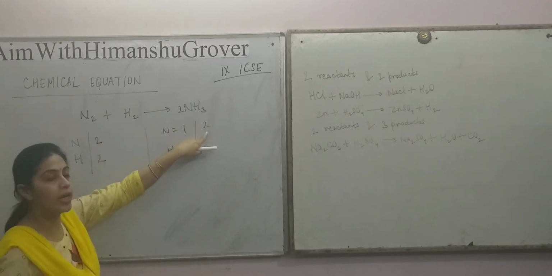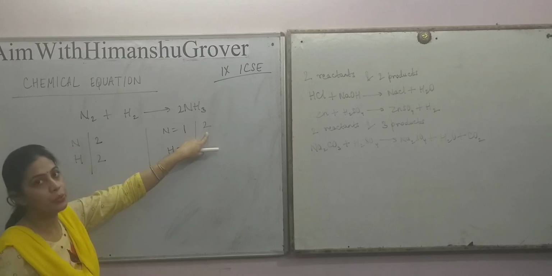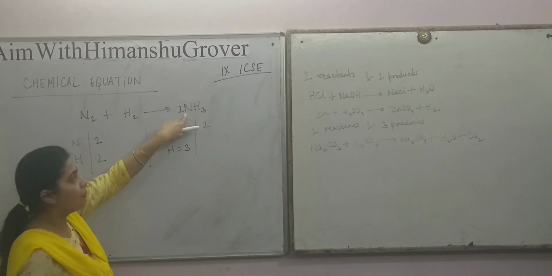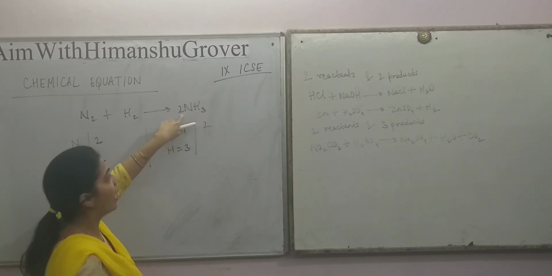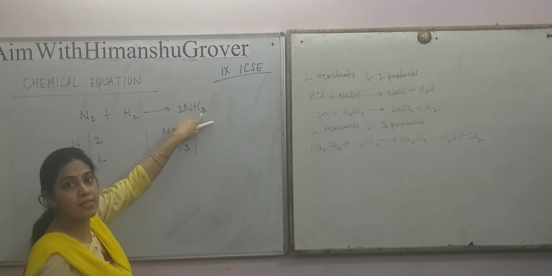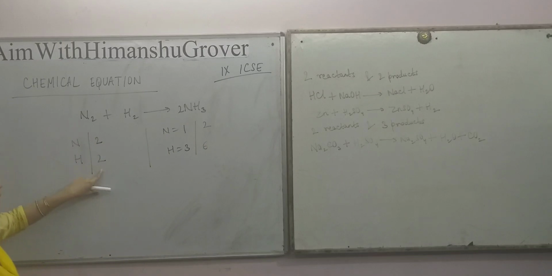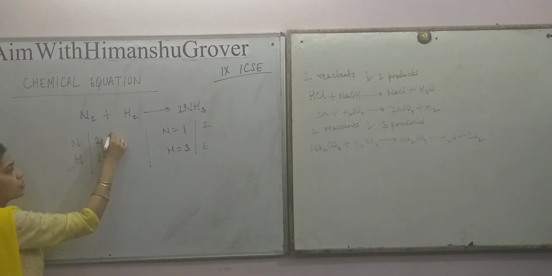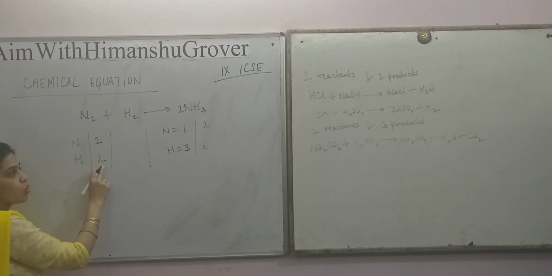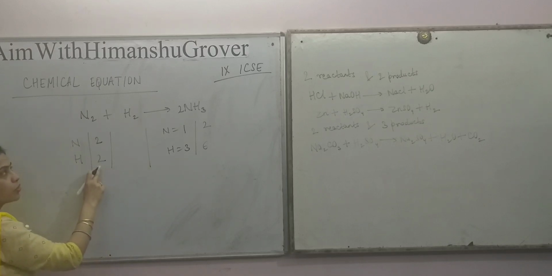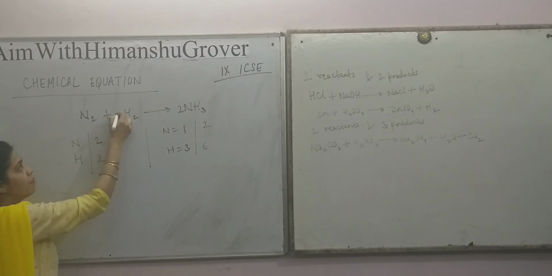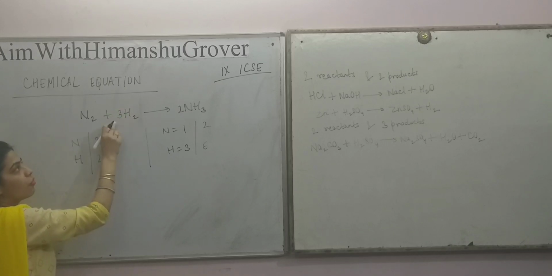Reactant में भी 2 हो गए और product में भी अब 2 हो गए. But अब product side में hydrogen atoms become 6. 3 2s are 6. And on the reactant side, hydrogen atom is 2. So to make hydrogen atom 6 on the reactant side, we must write 3 before H2, before hydrogen.